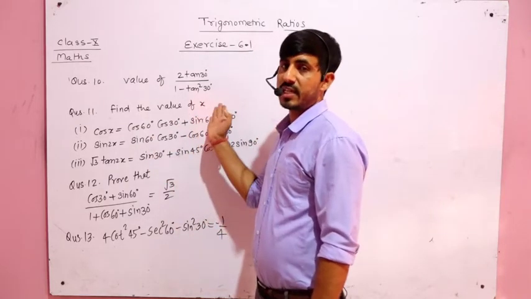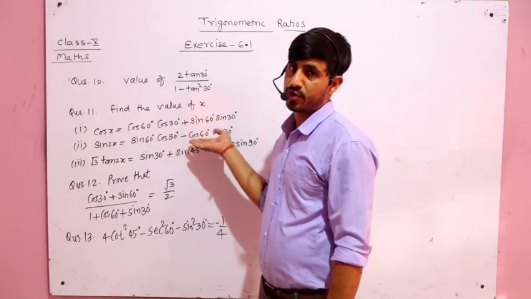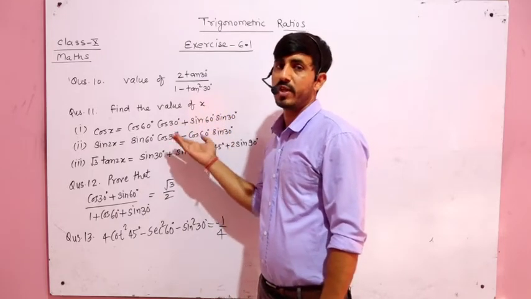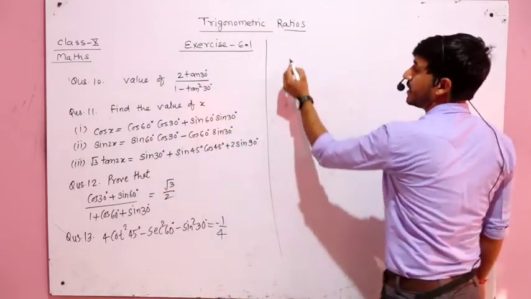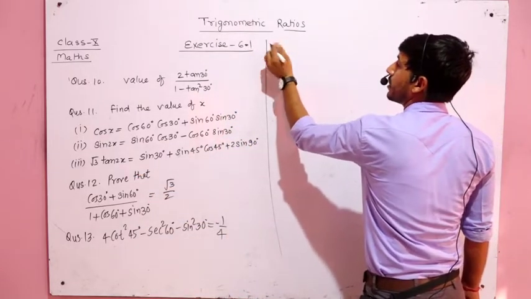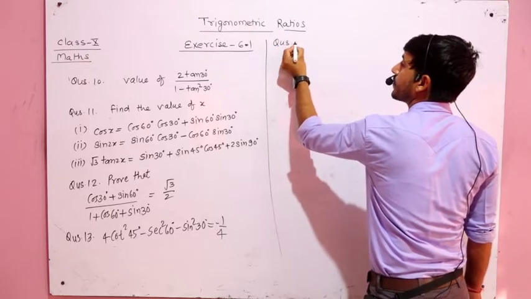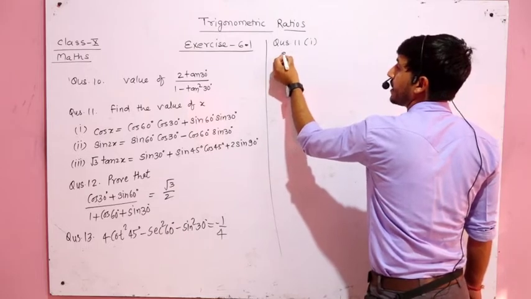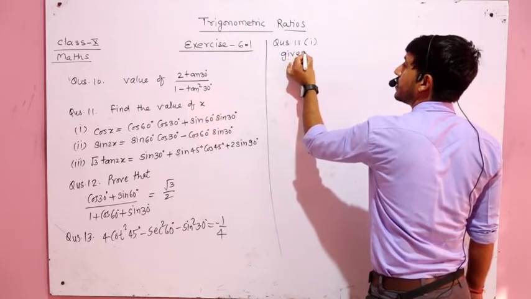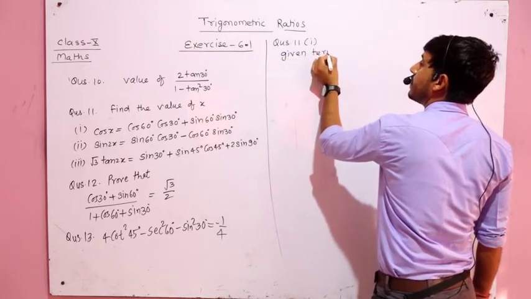It means x is to be found from the given term of the question. In the question, first we write question number 11 and the given term.